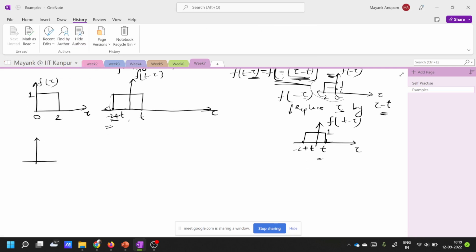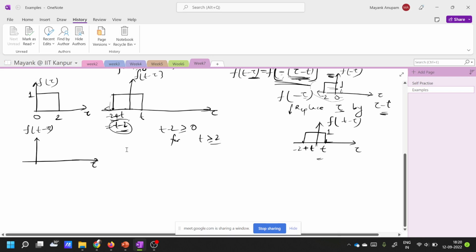Minus 2 plus t is equal to t minus 2, right? This particular point, t minus 2 will be greater than 0 for t greater than 2, isn't it?